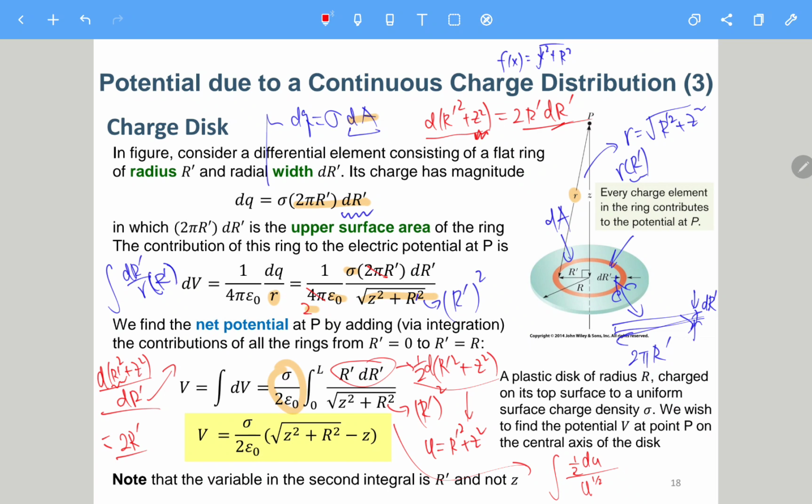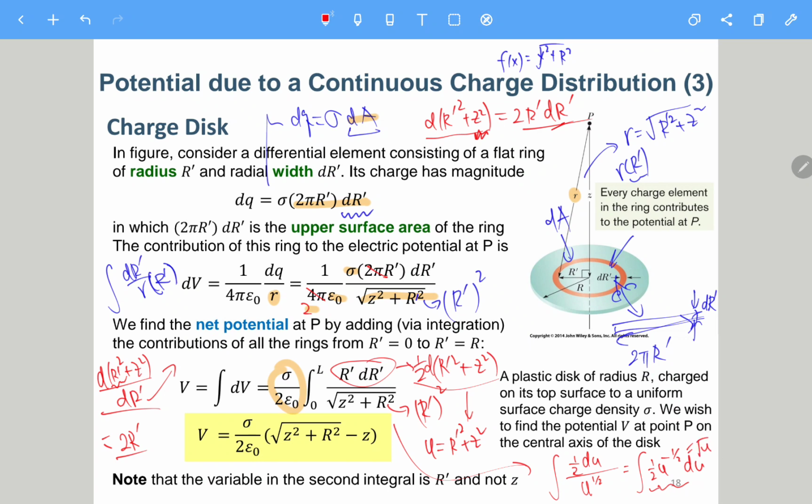You can put it in the numerator, and it becomes 1/2 of u to the negative 1/2 power and then du. For integrating this, you add 1 to the power, so it becomes u to the 1/2, the square root of u, and then divide by 1/2. So the 1/2 and this 1/2 cancel each other, and this one becomes the square root of u.